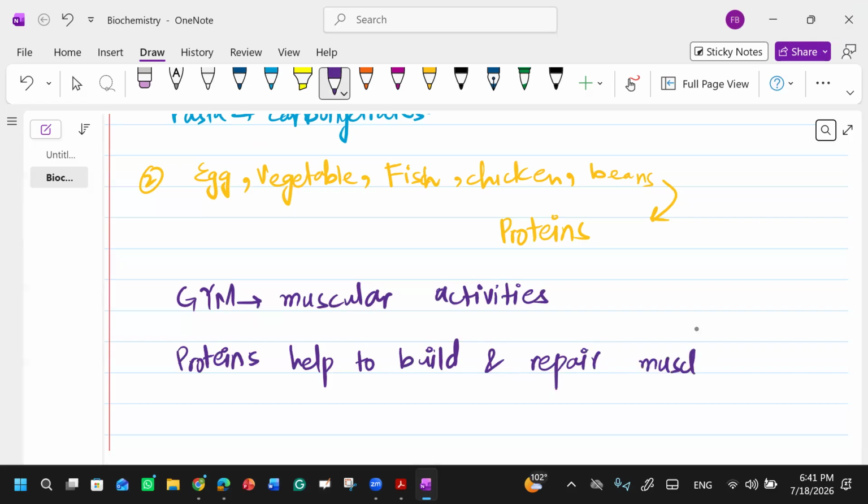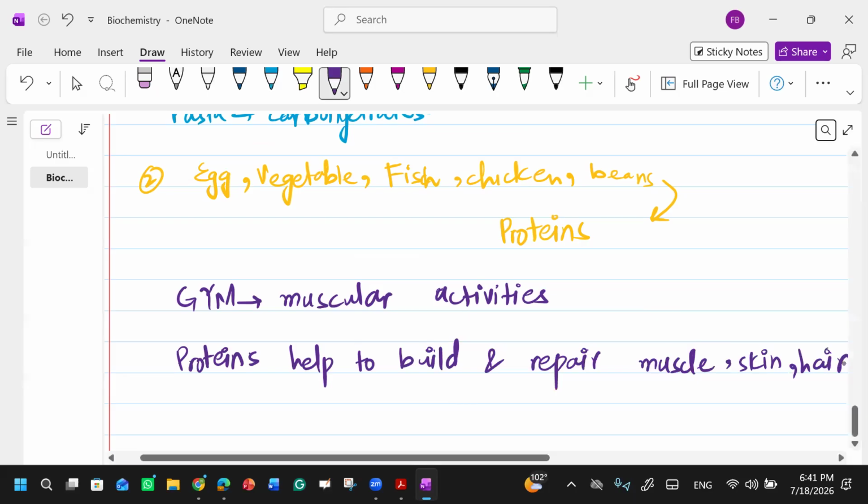That's why when someone wants to have strong muscles, they take such kind of food. They take protein shakes, eggs, vegetables, fish, chicken, beans, because all these things help to build and repair muscles.